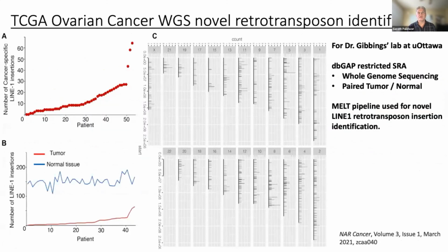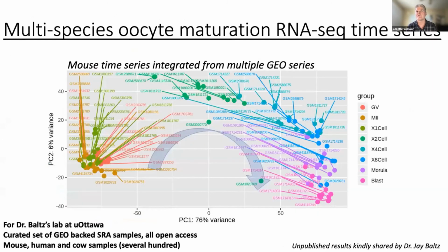The other one that I'd like to pick, I've got a bunch, but I don't really have time to go through them all. This is a really large-scale analysis that I've done for Dr. Baltz at the Ottawa Hospital Research Institute. Dr. Baltz studies oocyte maturation and is looking at multiple species.